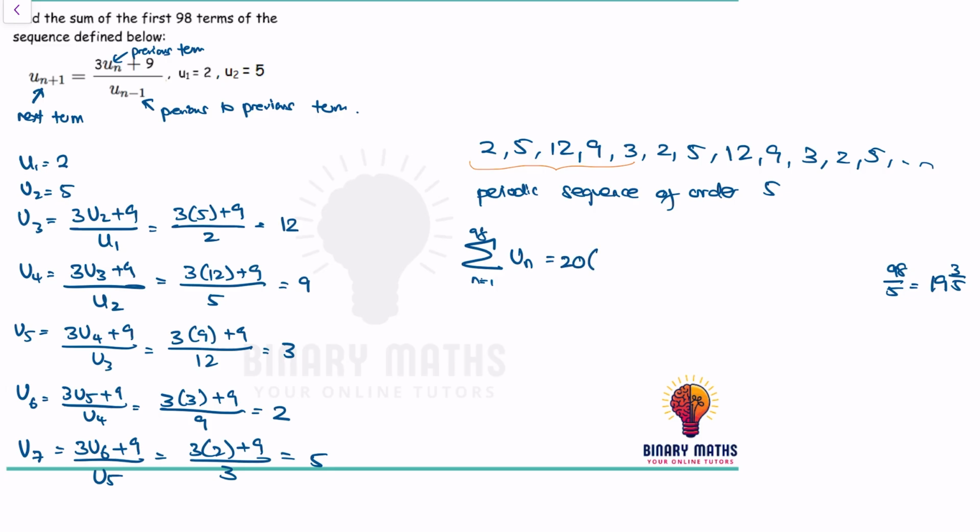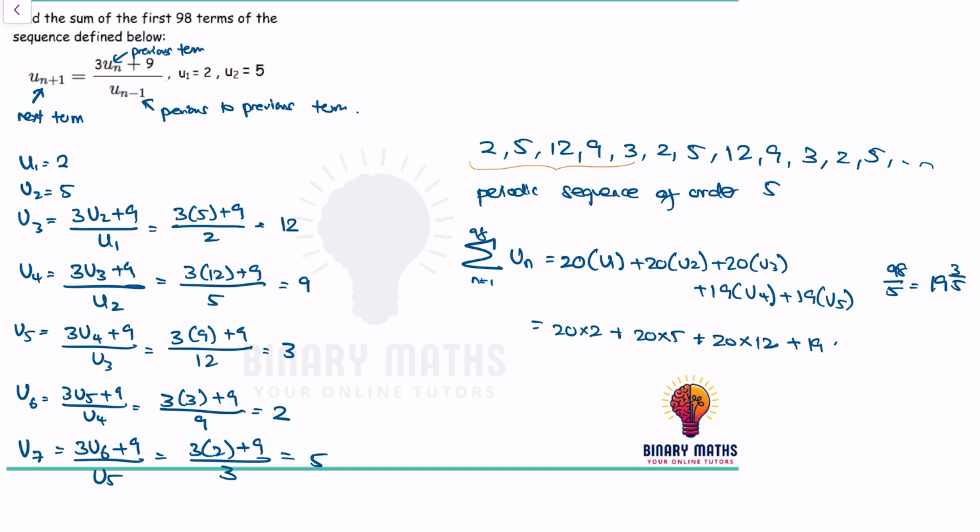So 20 times U1 plus 20 times U2 plus 20 times U3 plus 19 times U4 plus 19 times U5, which is 20 times 2 plus 20 times 5 plus 20 times 12 plus 19 times 9 plus 19 times 3. Put this into our calculator, we get 608.